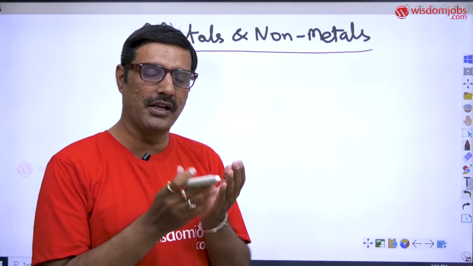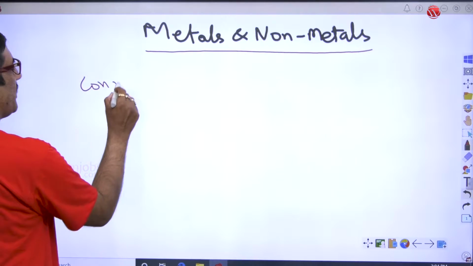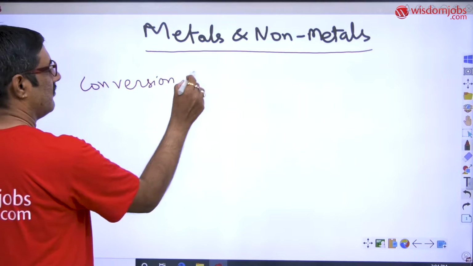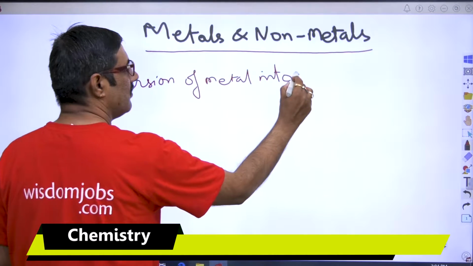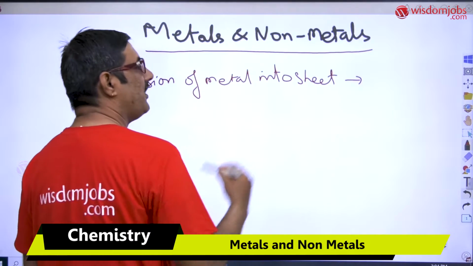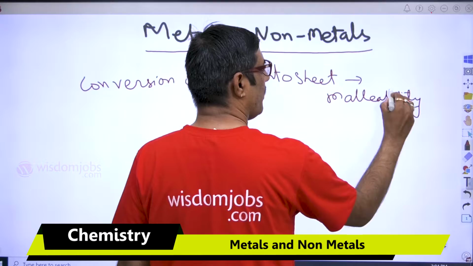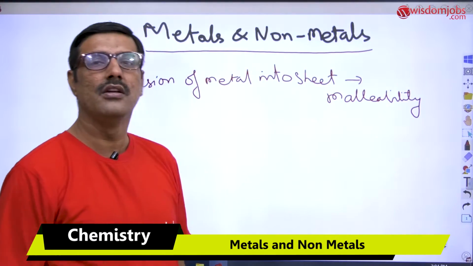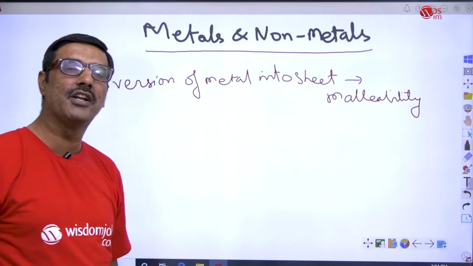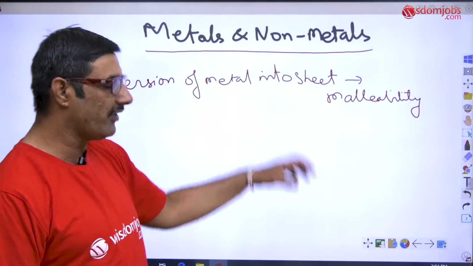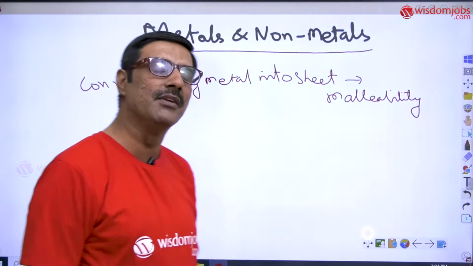This property of a metal, by which it can be converted into a sheet, is called malleability.